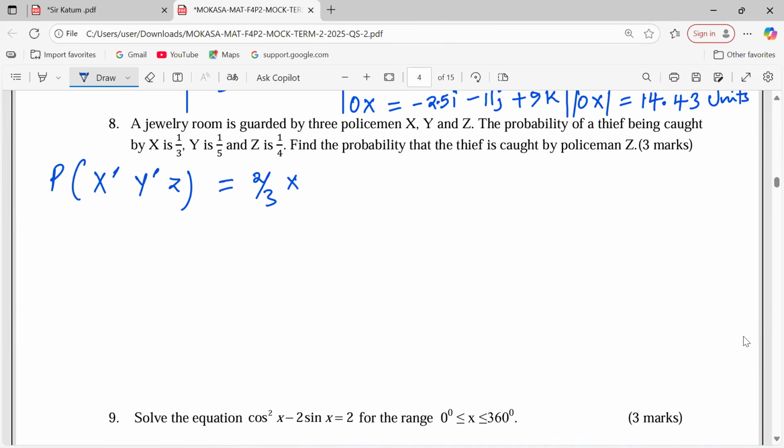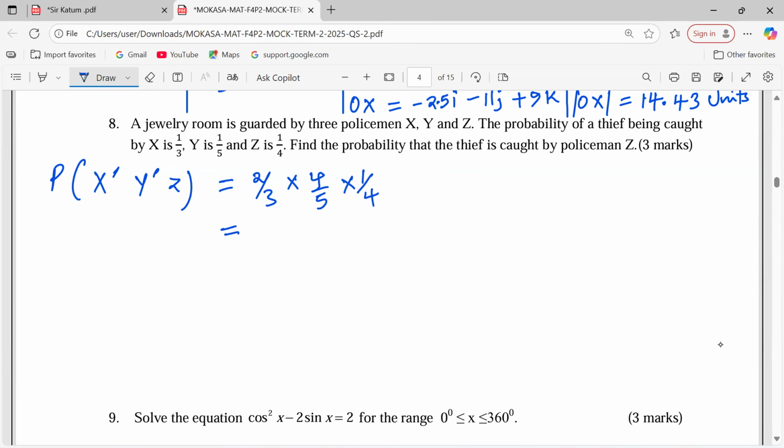Then being caught by Y is a fifth, so being missed by Y is 4/5. Then Z catches with a probability of a quarter. For you to be caught by Z, X and Y must have missed you.